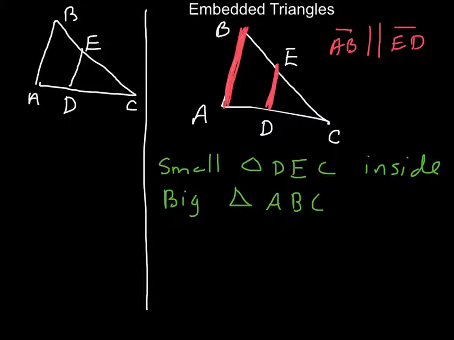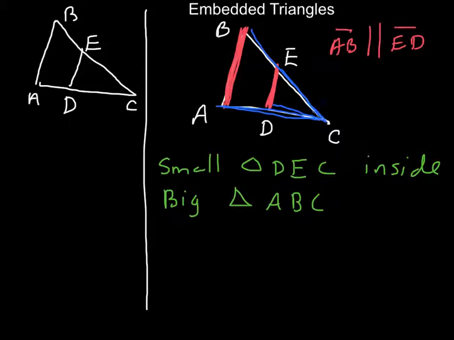What you notice is that both of these triangles have an angle C. Here is the angle C for the small triangle, and here is the angle C for the large triangle.